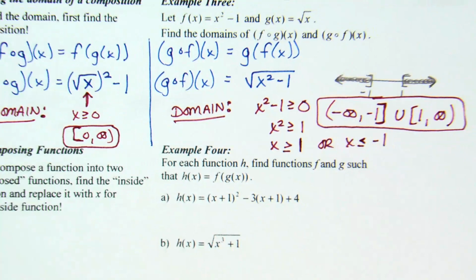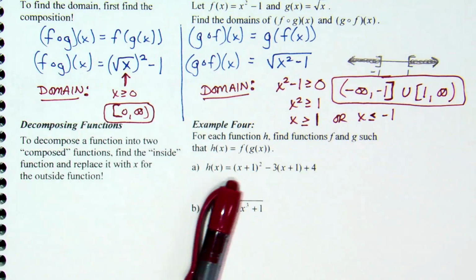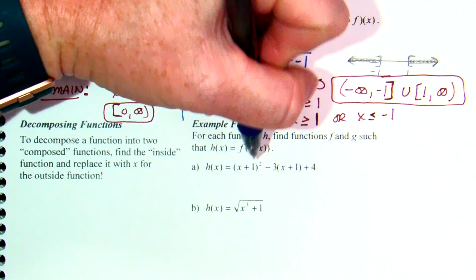Okay. To decompose a function into two composed functions, you need to think about what the inside function is and what the outside function is. So basically, what this is saying here is that h of x is defined to be f of g of x. So basically, h of x is defined to be f composed with g. I want to look at this h of x right here, and I want you to be able to tell me, okay, what could we use as an f of x? What could I use as a g of x?